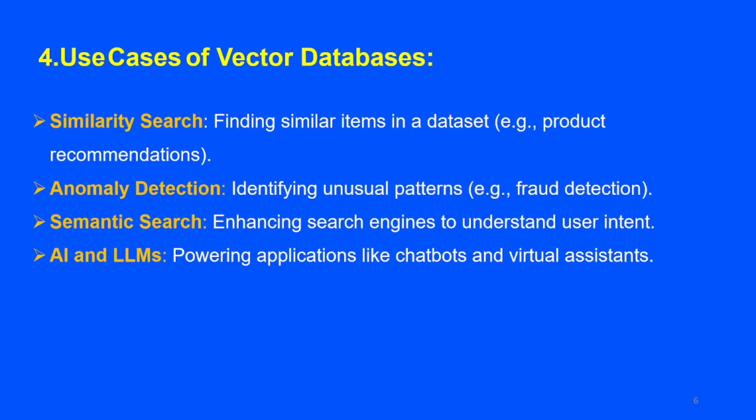Now come back to the fourth part. This is very important: we need to understand the use cases of these vector databases. A vector database can be used in a variety of formats and different ways, and nowadays we are using it in almost all sectors. The first one we can see is similarity search. We can use this, for instance, in e-commerce websites.